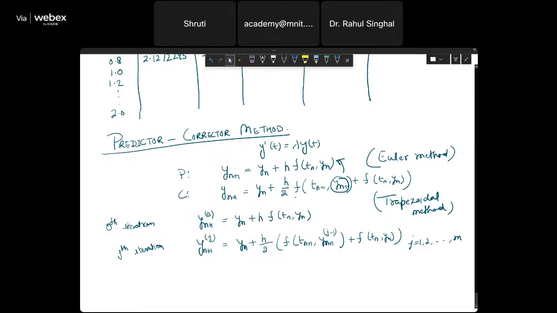So this is about the predictor corrector method. Now the question is, what is the guarantee that this method will converge?